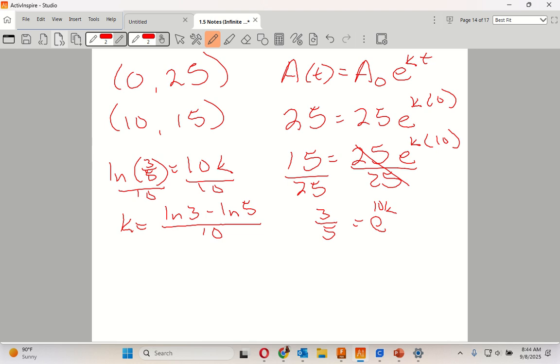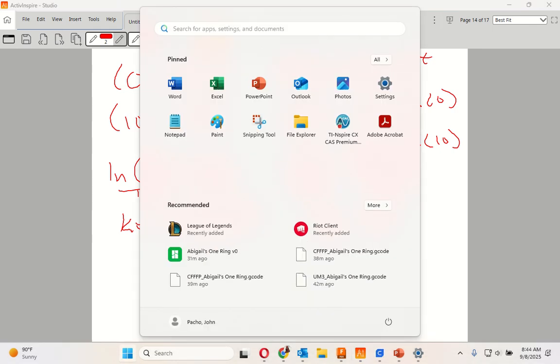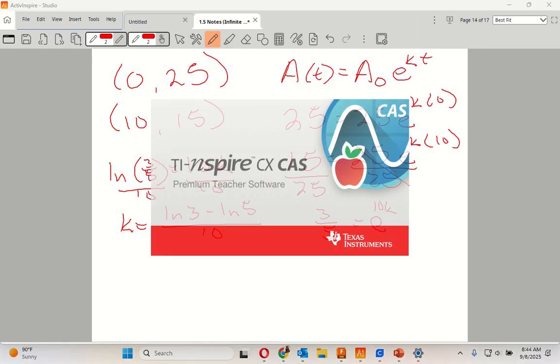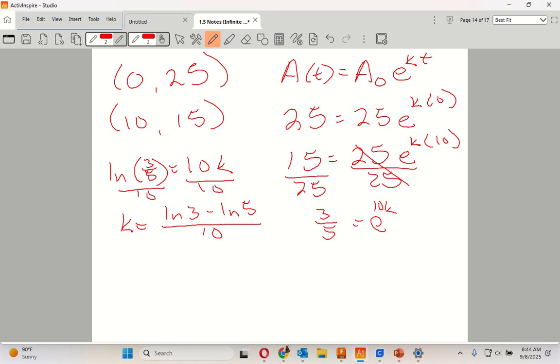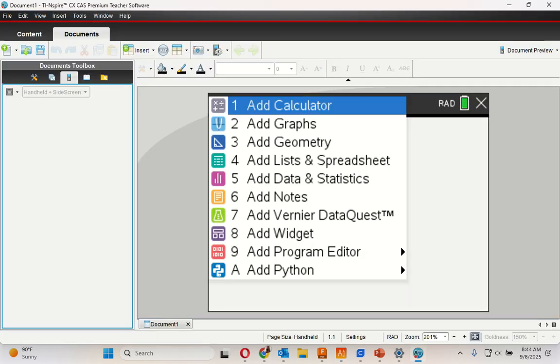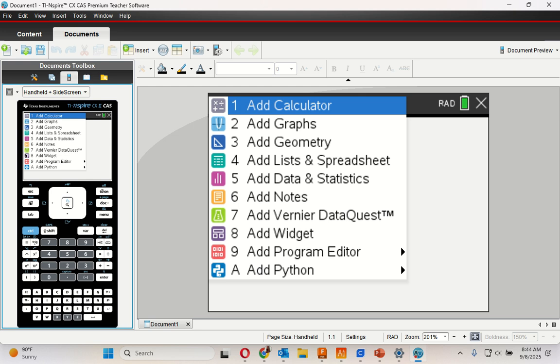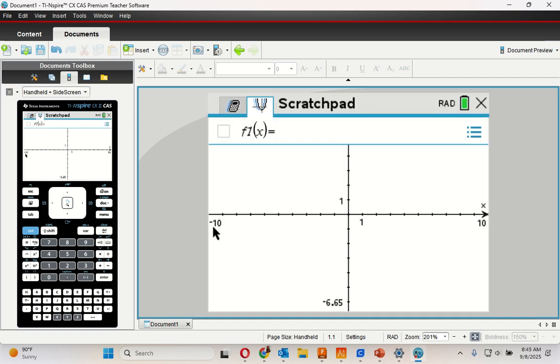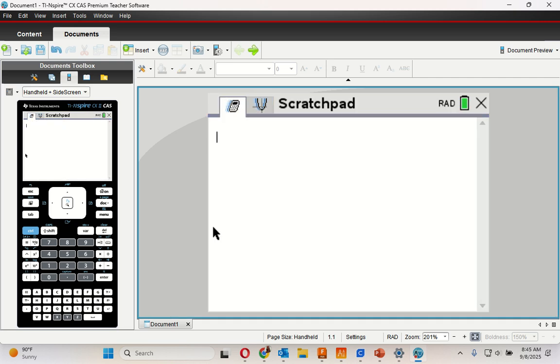So let's go to the calculator then. I know everyone's got the calculator out, right? So let's see who does not have their calculator. Are we graphing it or solving?